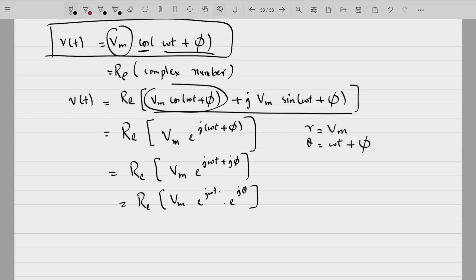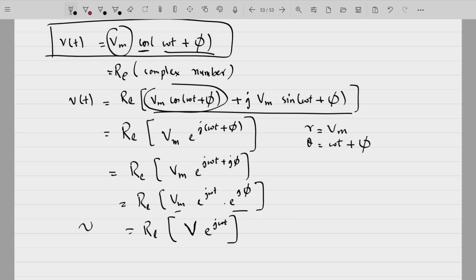You can write it like this: real of Vm e raised power j phi, I will write this as capital V, e raised power j omega t.